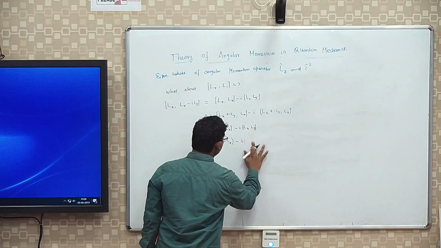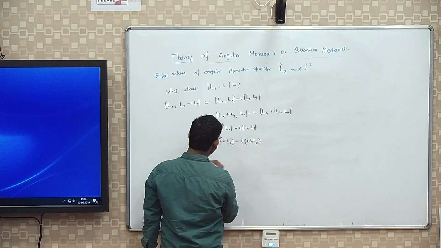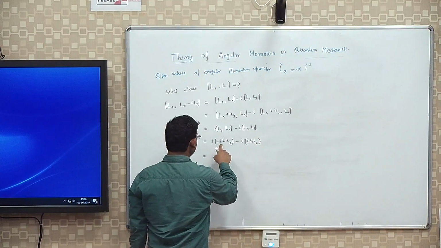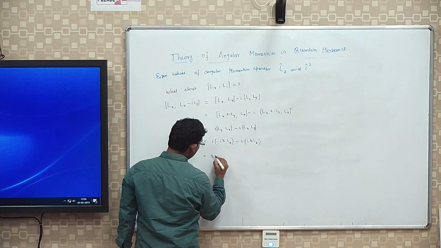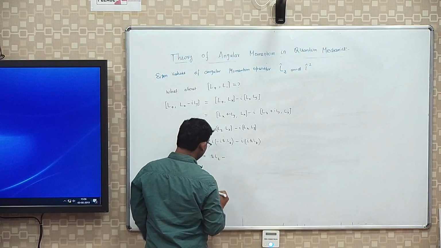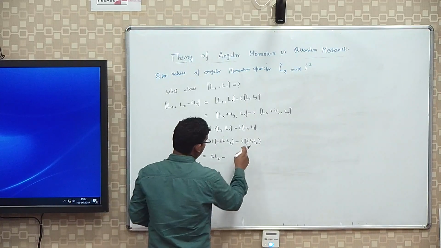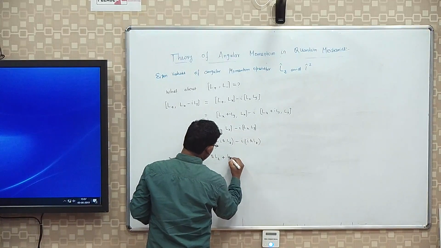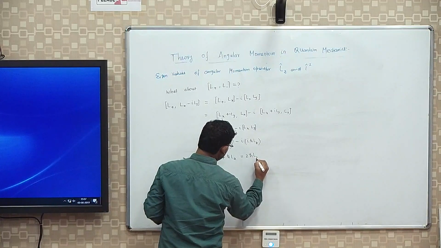Already one i is there, then i h cross Lz. Simplifying, i squared is minus 1, so one negative sign gives h cross Lz, plus i squared again with another Lz, so 2 h cross Lz will be there.